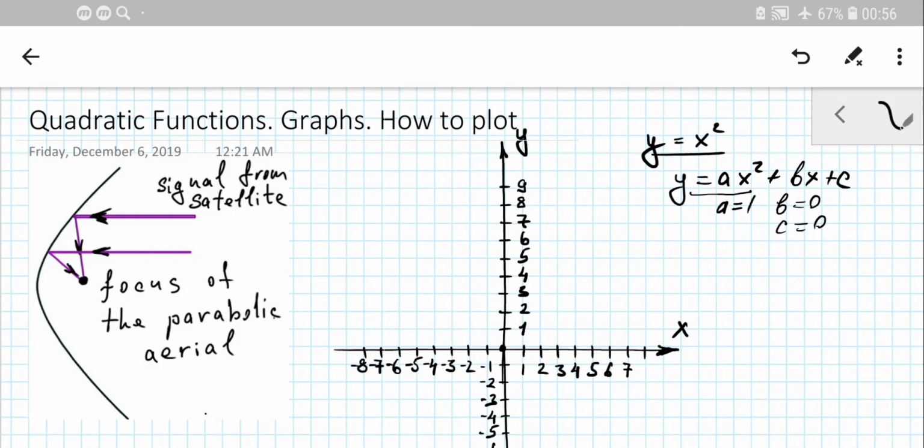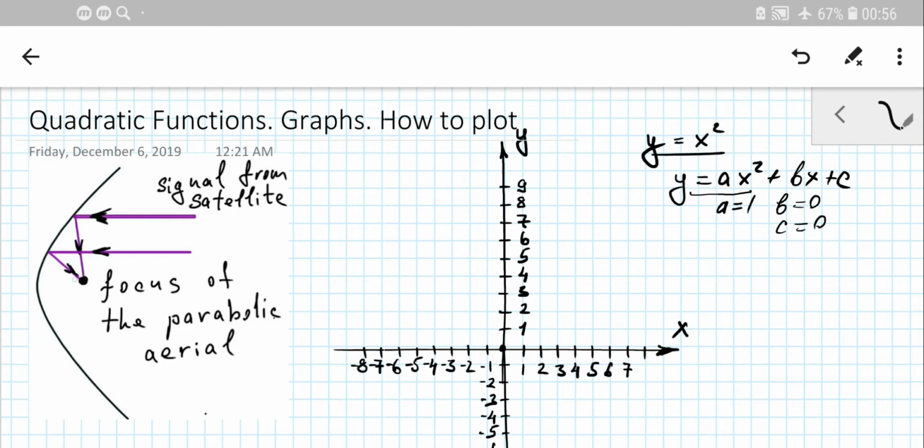But if you concentrate the signal, probably from different satellites, you'll have a more proper intensity of the signal, and hence more qualitative images on your TV screen. So you simply concentrate it in one single point, and this focus is specific to a parabola. Each parabola has its own focus.